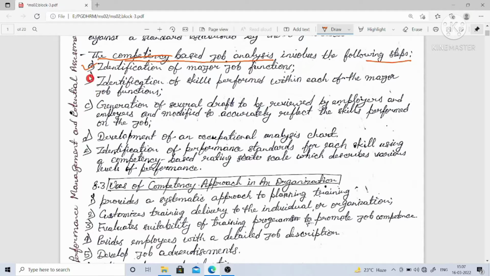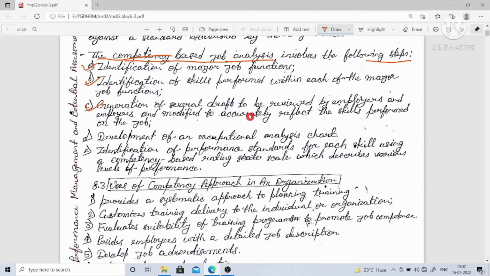So this is first, this is second. Third given, generation of several drafts to be reviewed by employers and employees and modified to accurately reflect the skills performed on the job. So many things related to the drafts should be reviewed by employers as well as employees.